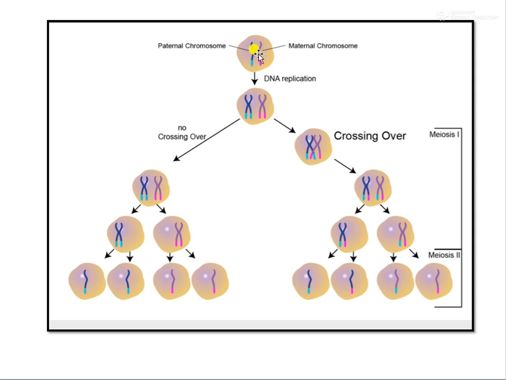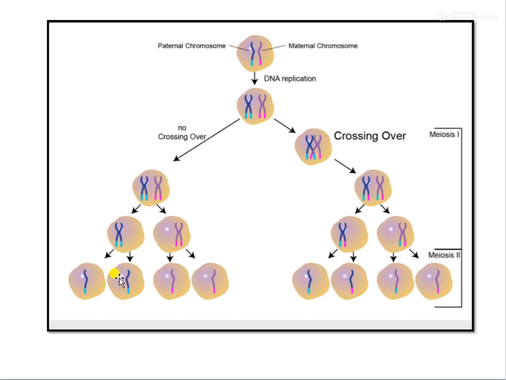The homologous chromosomes will pair with each other, and they will synthesize double the amount, so a duplicate or sister chromatid is also synthesized during the process of meiosis. And these homologous chromosomes might sometimes just undergo meiosis without undergoing crossing over. Consider that the exchange of genetic material is not happening here.